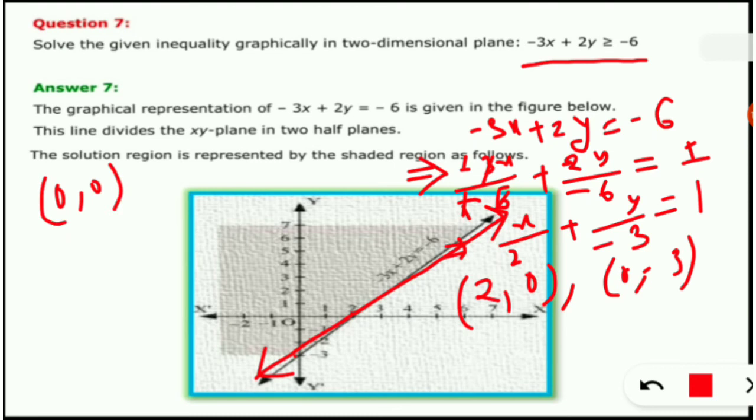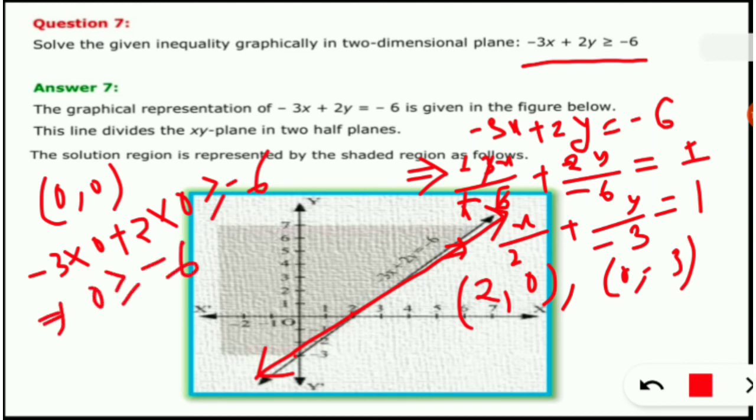Now put x equals 0 and y equals 0 in the given inequality, that means minus 3 into 0 plus 2 into 0 greater than or equal to minus 6, so 0 greater than or equal to minus 6, which is true. That means the upper half plane is the required region.